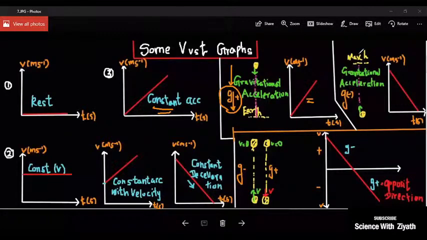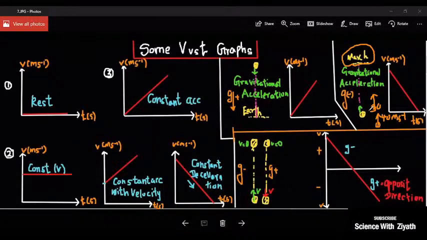At the same time, you are throwing one ball from the earth. For example, if an object is thrown at 40 ms minus 1, in every second the velocity would decrease. In 1 second it becomes 30, then 20. Change of velocity is negative.